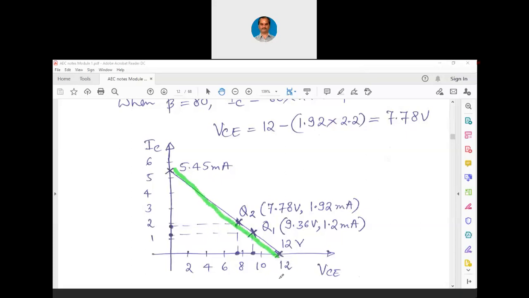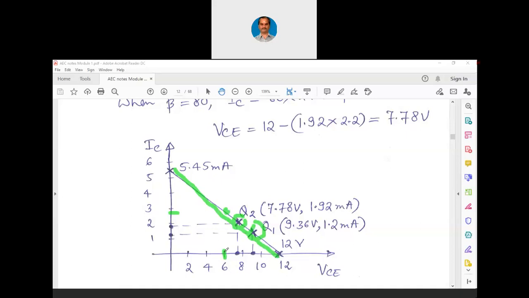Now in this load line, we identified 2 Q points. Based on beta equals 50 and beta equals 80, corresponding to these 2 values, we have these Q points. But ideally, we were supposed to have it somewhere here. Around 2.75 milliampere should be the collector current in the active region, and 6 volts must be the voltage at the active region.